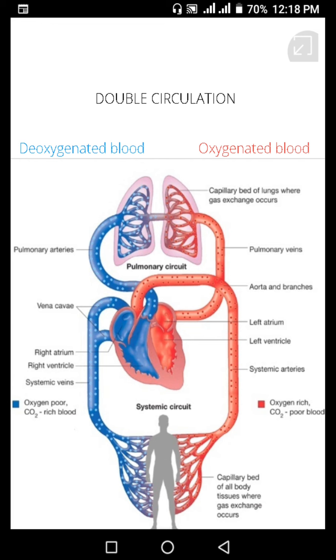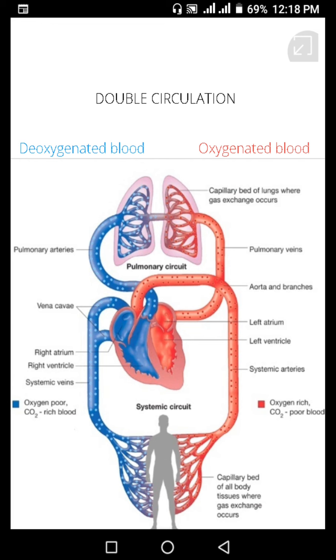So in terms of explaining how deoxygenated blood moves in double circulation, I shall be using the left part of the diagram. And also in explaining the movement of oxygenated blood, which is indicated in red, I shall be using the right part of the diagram, this side. So let me describe how deoxygenated blood moves in double circulation.